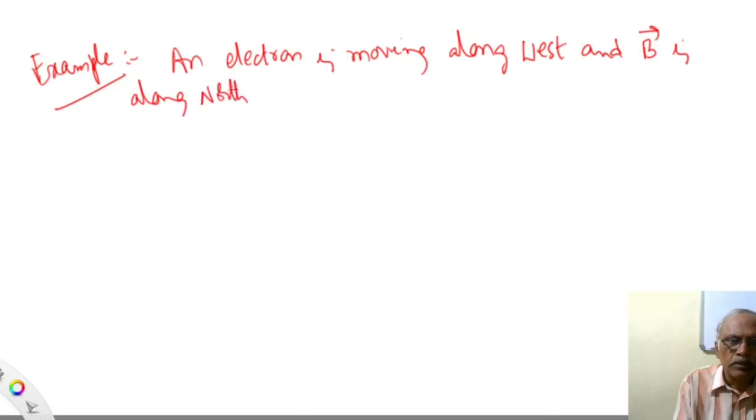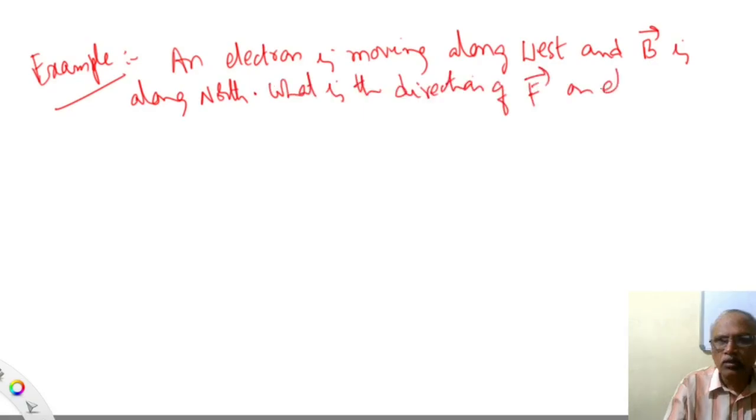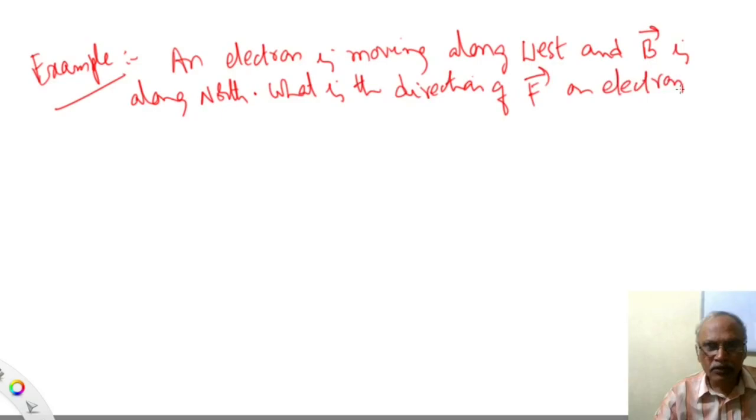Then what is the direction of force on the electron? The electron is a charged particle moving in the magnetic field here, so it experiences a force. What is the direction of force on the electron?